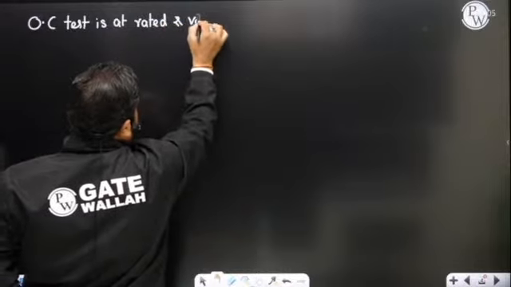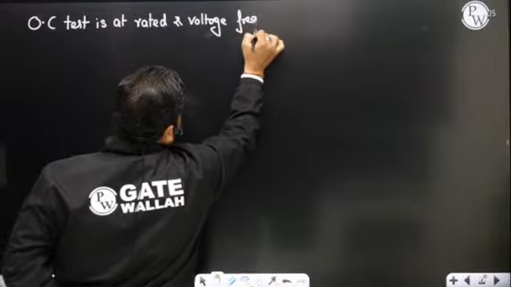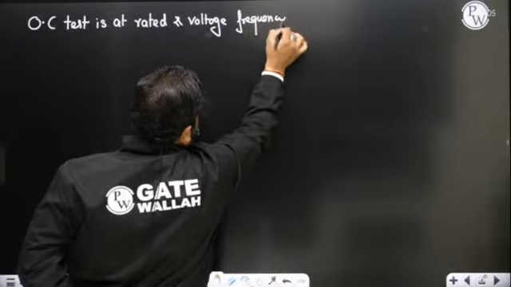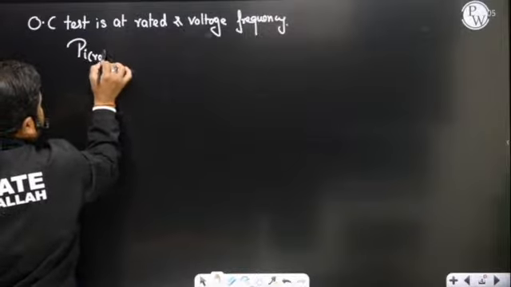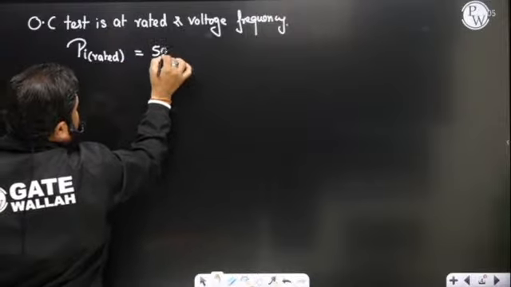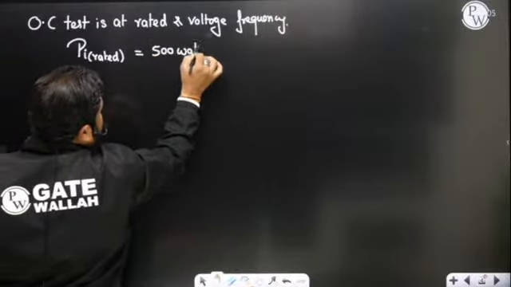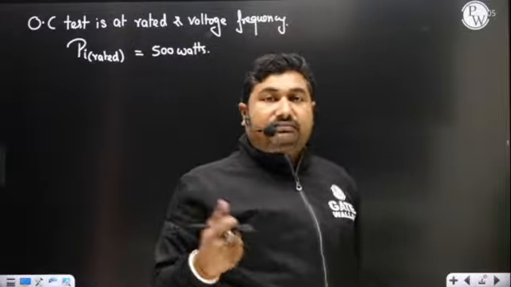So it means we have the rated iron loss, and the rated iron loss is 500 watts. Rated means whatever values are mentioned on the nameplate of the transformer.